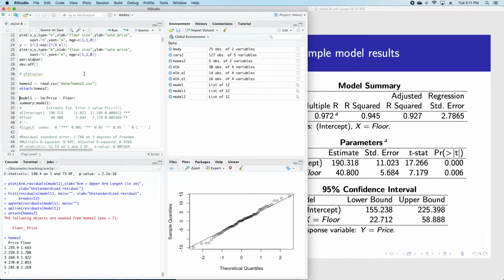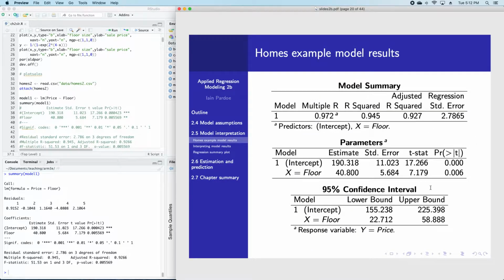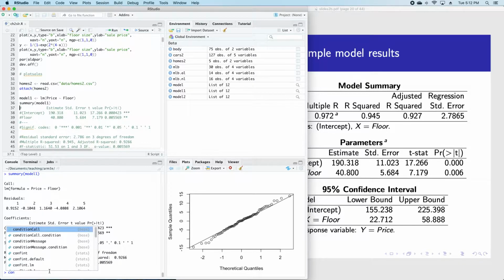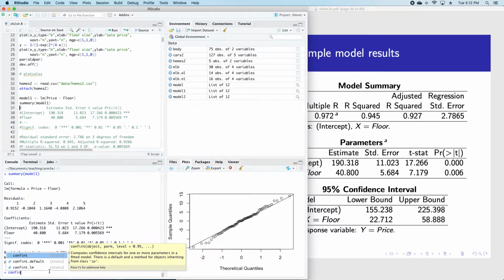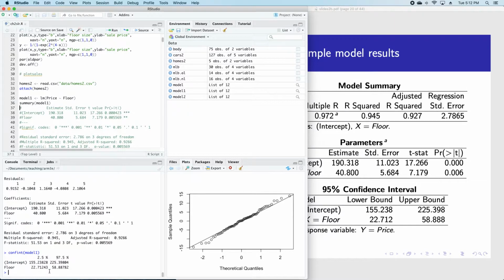And we fit the model, simple linear regression model with response variable price and predictor variable floor, and we got these results here. So I've just summarized all the results on this one page. The only other piece that I have here is we've got confidence intervals for the model parameters.